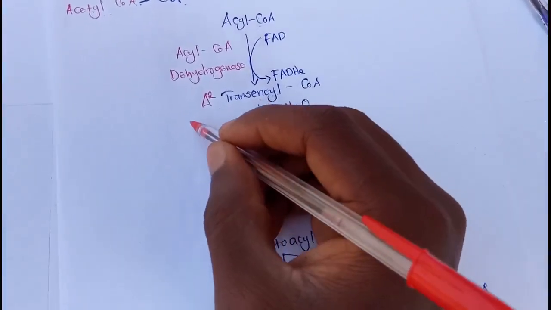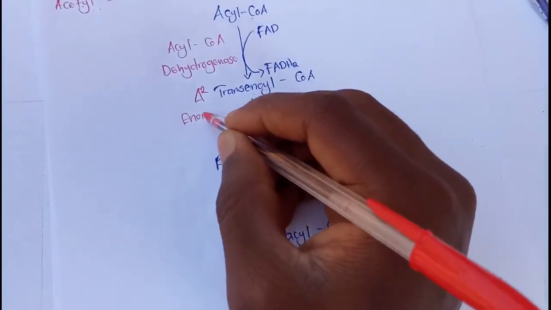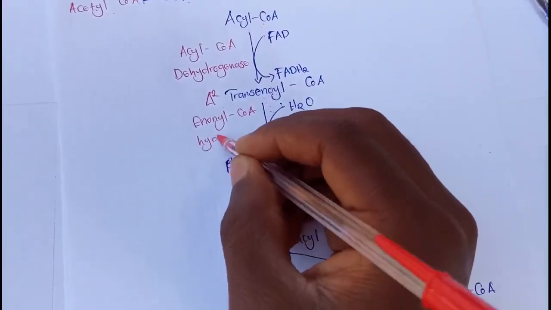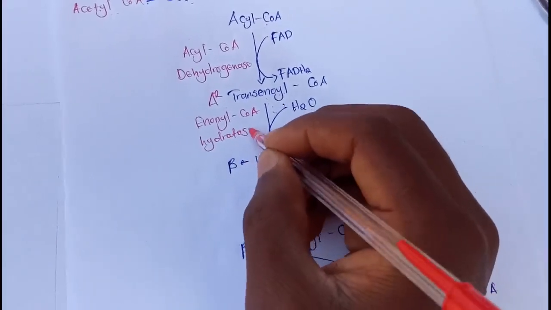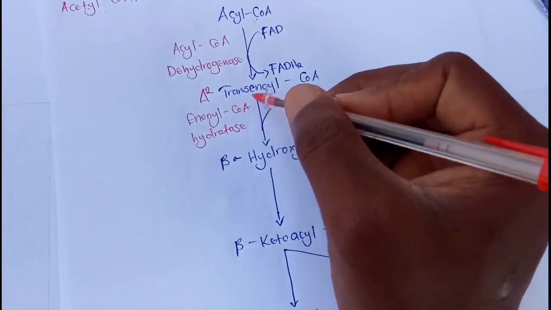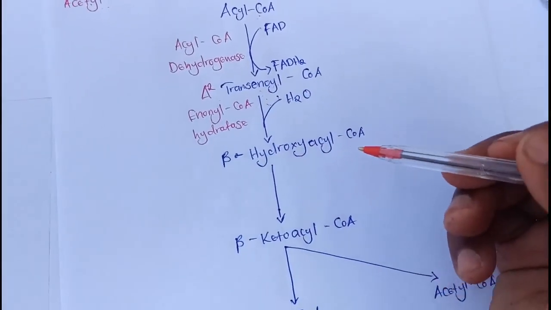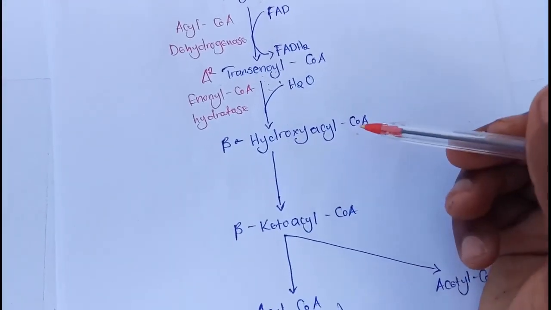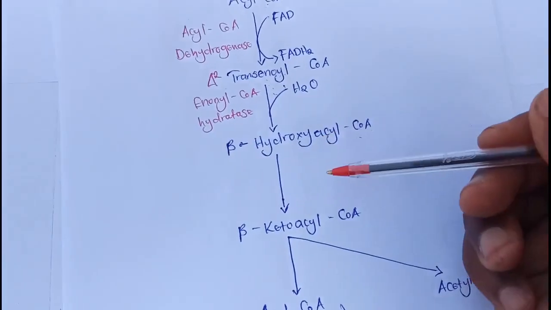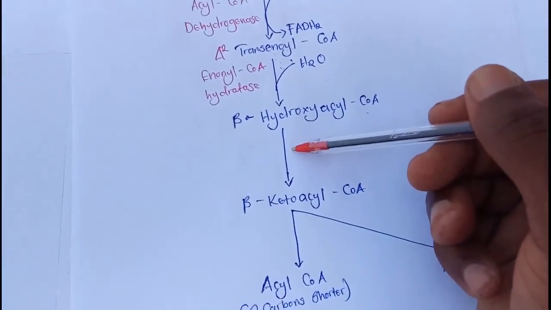So in short, our enzyme will be enoyl CoA hydratase. All right, nice. When we add the water molecule to trans-enoyl CoA, we form beta hydroxyacyl CoA. Makes sense, right? Since we have formed beta hydroxyacyl CoA, that will be our substrate in the third step of beta oxidation.